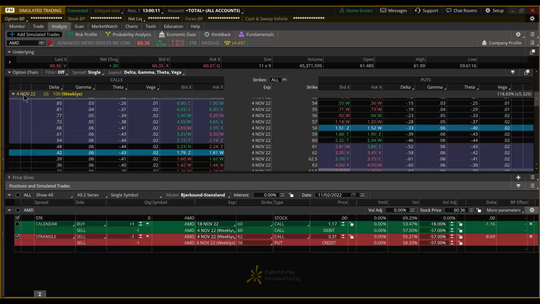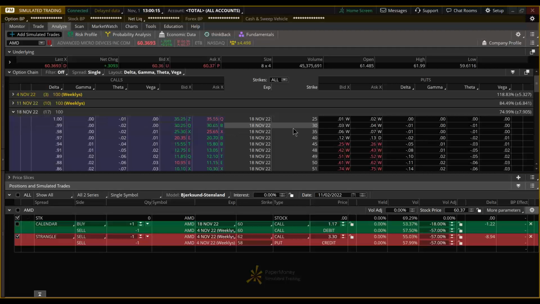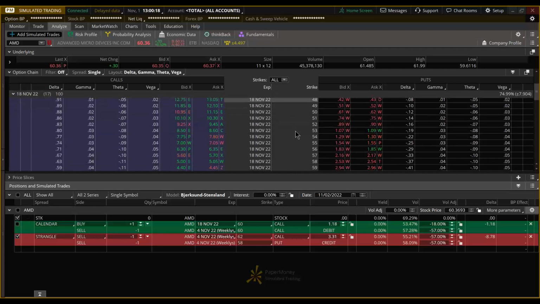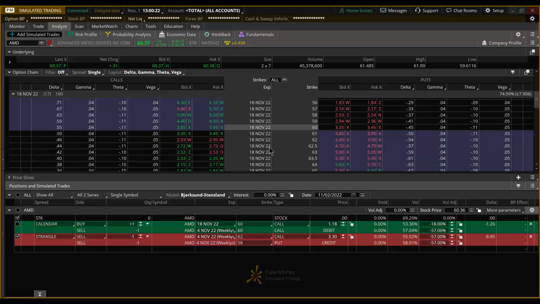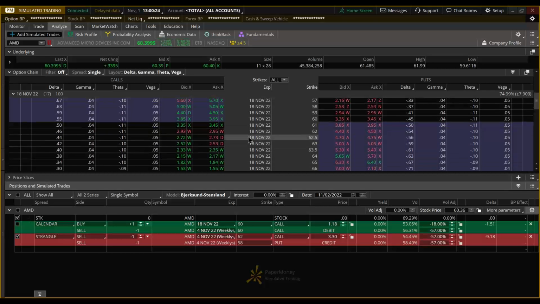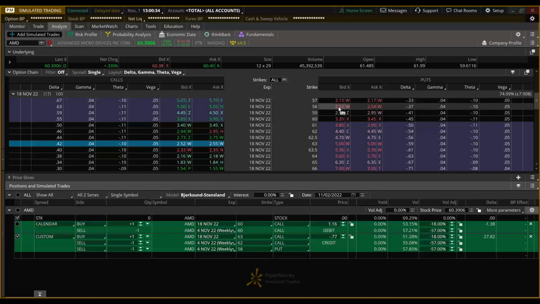And now I'm going to go out to the November 18th, and I'm going to do this in the form of a diagonal. I'm going to go out a little wider on the diagonal. I sold the 62, so I'm going to buy the 63 call, and I sold the 58 in the front.